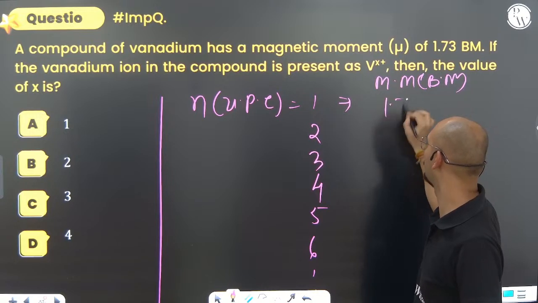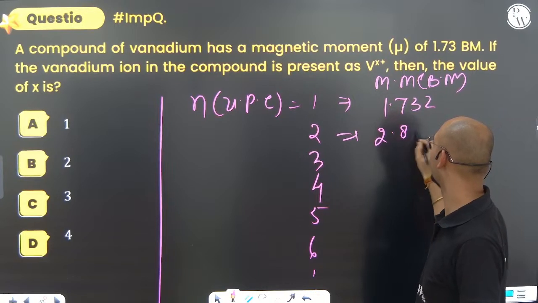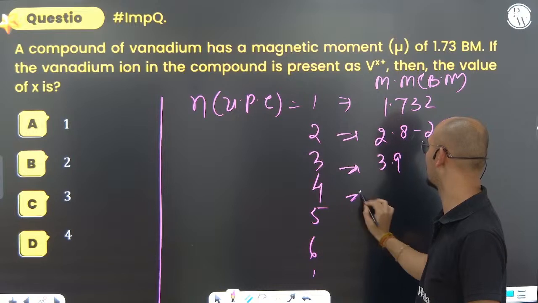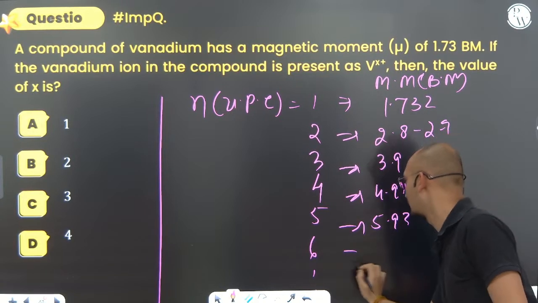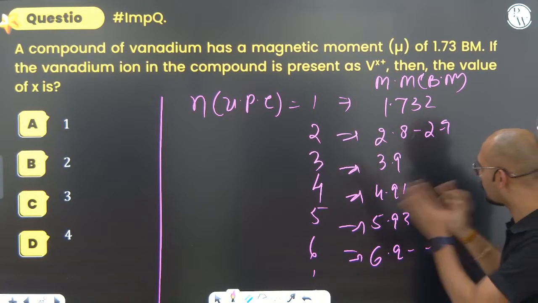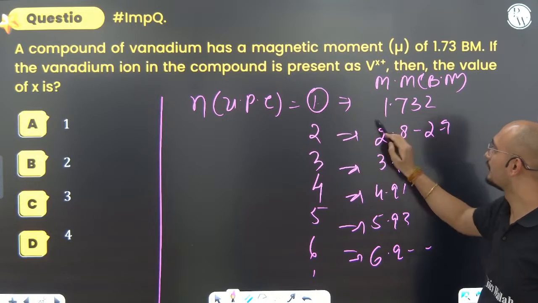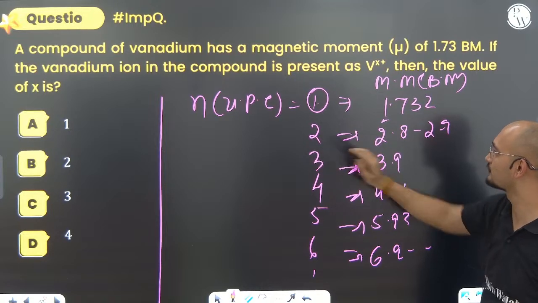It will be 1.732, then somewhere 2.82, 2.9, then 3.9, almost 4.91, then 5.93, then 6.9 something. Whatever the number of unpaired electrons is, that is the whole number. When the number of unpaired electrons is 1, the whole number is 1. When it is 2, the whole number is 2.